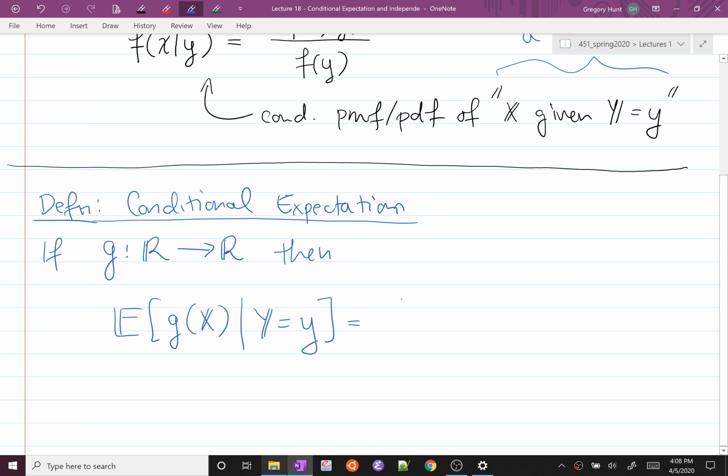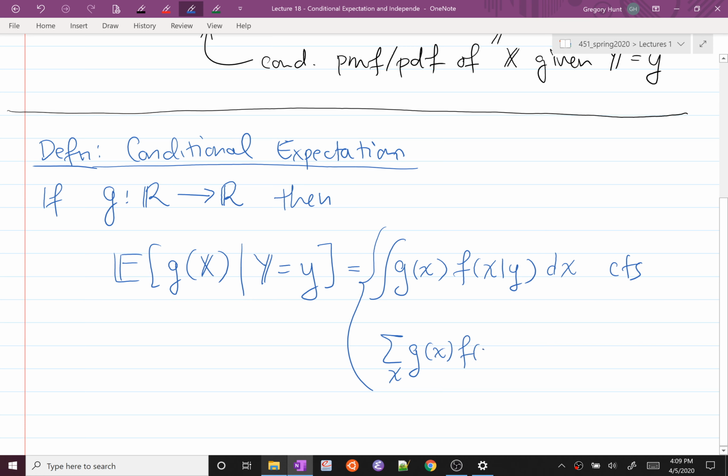Before we had calculated the expected value of g of x as the integral of g of x times f of x, but now we multiply by f of x given y, but we still integrate with respect to x. So this is the continuous case, and of course in the discrete case, it would be the sum over x of g of x, f of x given y.